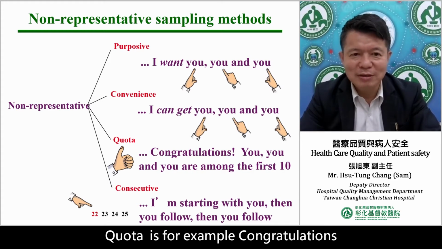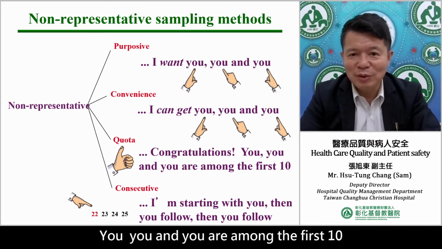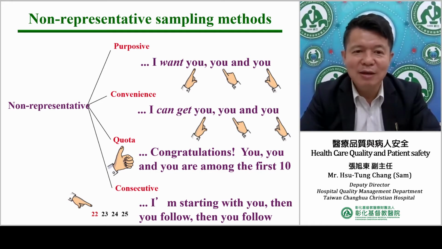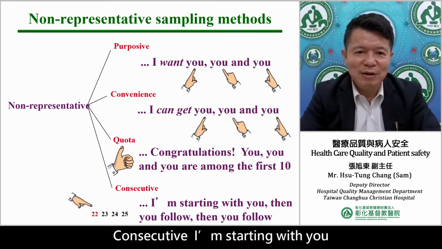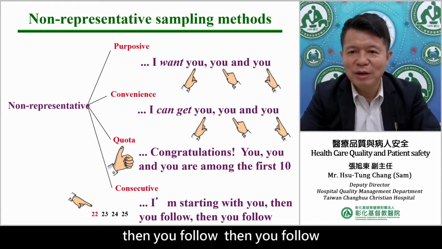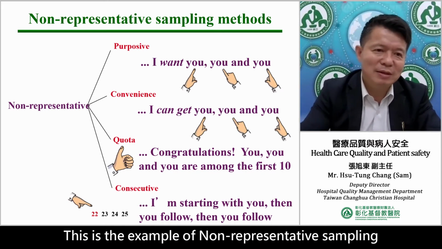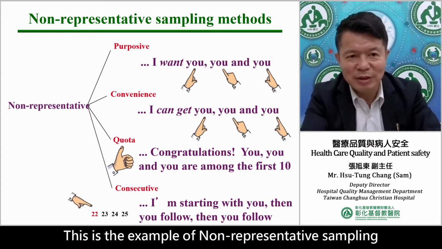Quota is, for example, congratulations, you and you and you are among the first 10. Consecutive, I am starting with you, then you follow, then you follow. Okay, this is an example of non-representative sampling.